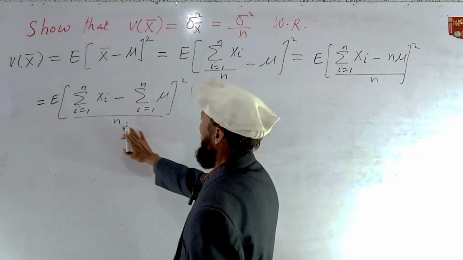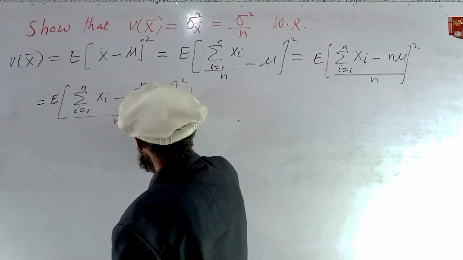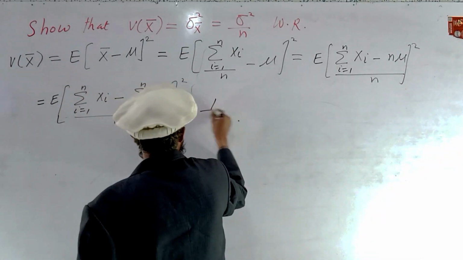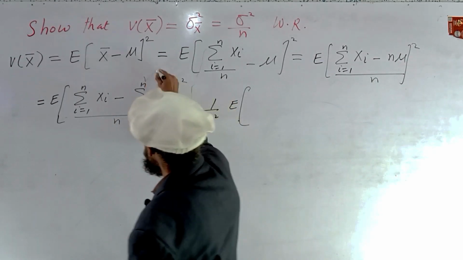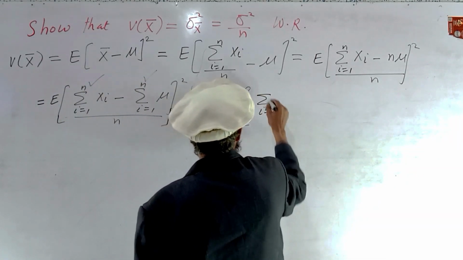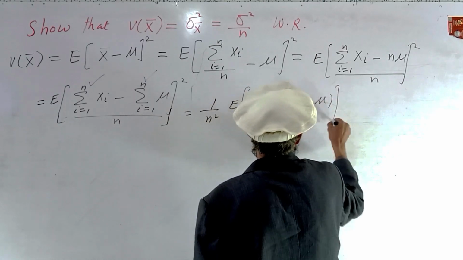Now the 1 divided by n is inside the square, so we take it common as 1 over n square. The expected value of the summation is also common, so we can write the summation of xi minus mu, whole square.